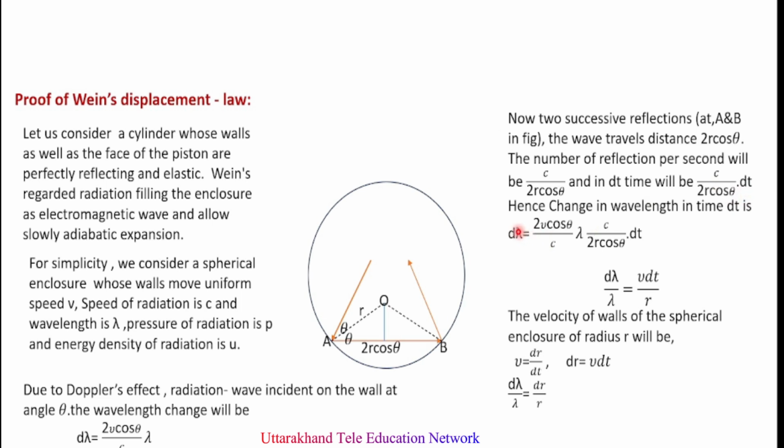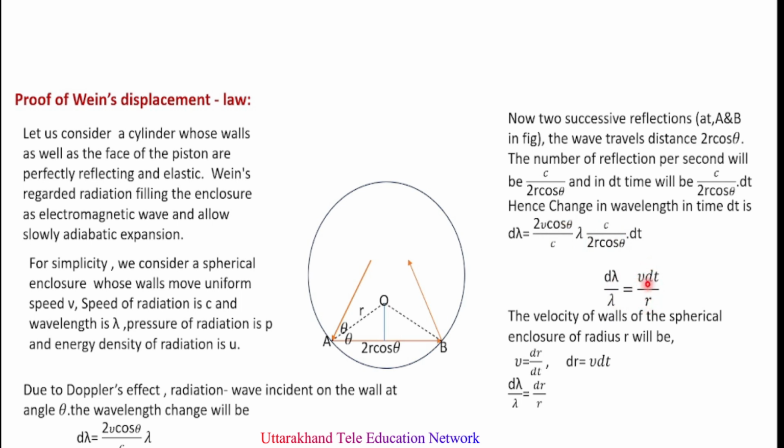That means the change in wavelength in dt time will be d lambda equal to 2 nu cos theta upon c into lambda. This value will be multiplied by the total number of reflections in the time dt, which is c upon 2r cos theta dot dt. Now cos theta and cos theta cancel each other, c and c are divided, and simplifying you can write d lambda upon lambda is equal to nu dt over r.